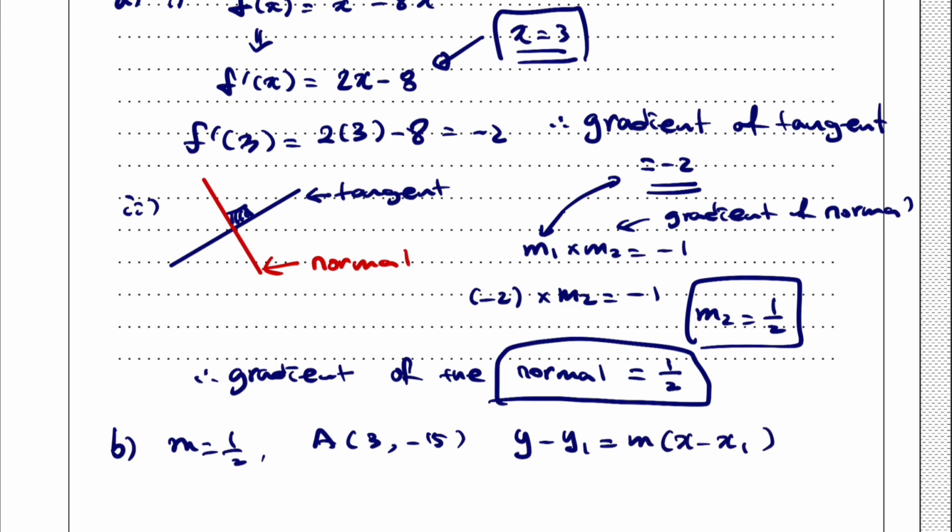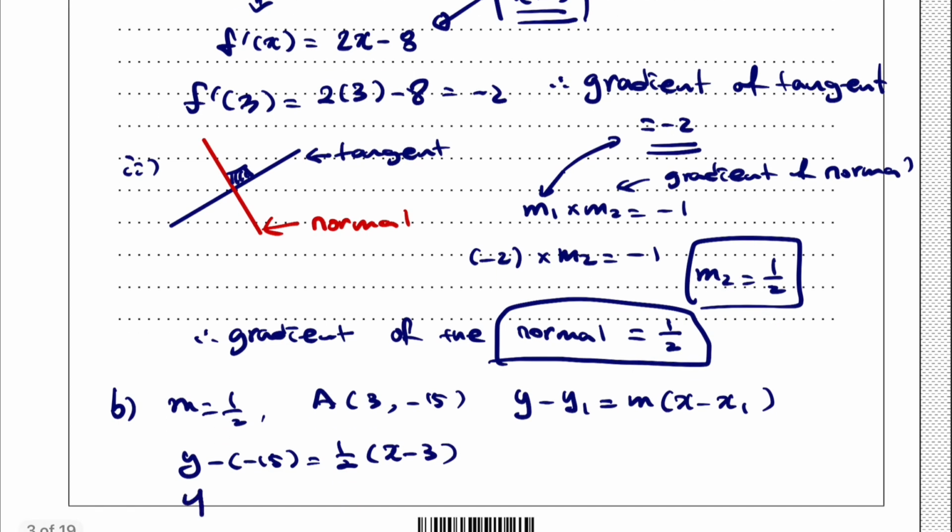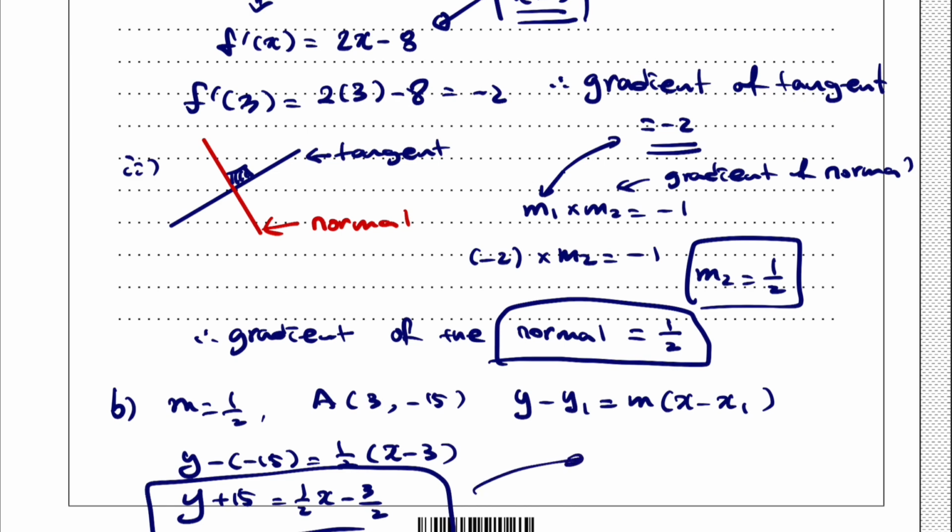Substituting all the values, we get y plus 15 equals 1 over 2 times x minus 3. Expanding gives y plus 15 equals 1 over 2 x minus 3 over 2, and simplifying, we get y equals 1 over 2 x minus 16.5.